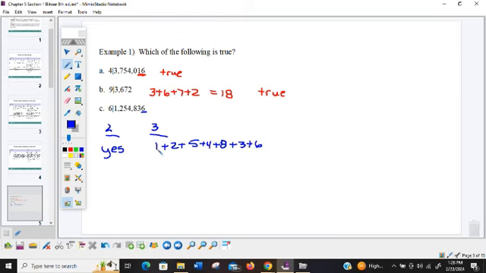Let's make sure I copied them right: 1, 2, 5, 4, 8, 3, 6. Okay, so 1 plus 2 is 3. 3 plus 5 is 8. 8 plus 4 is 12. 12 plus 8 is 20. This is 23, 29. Okay, now that is not divisible by 3. Okay, that's a no. So this up here would be false.